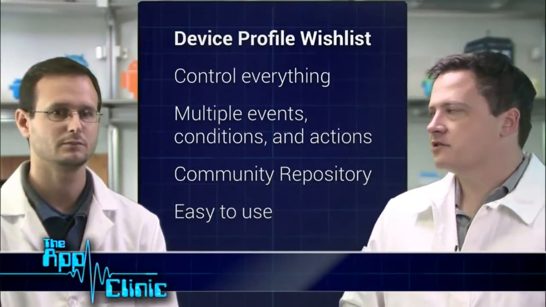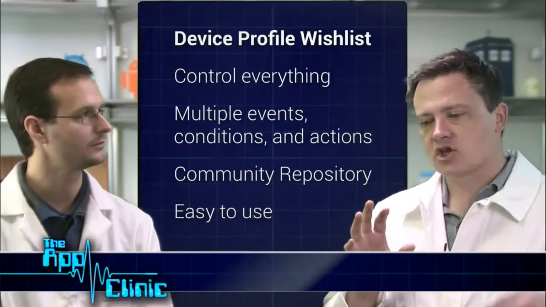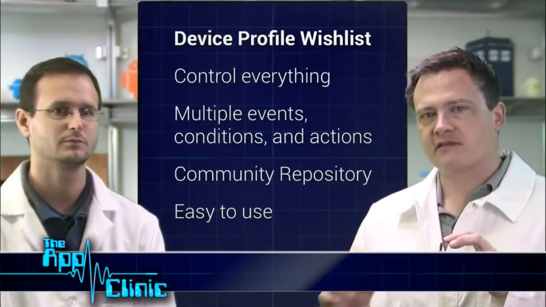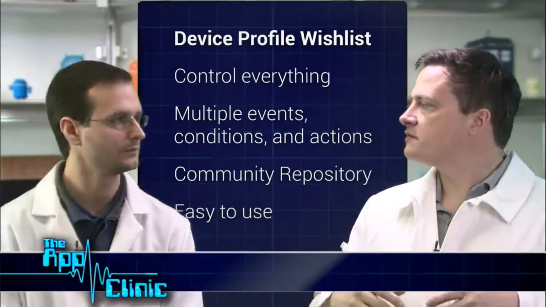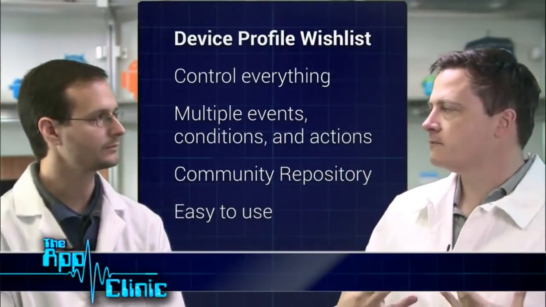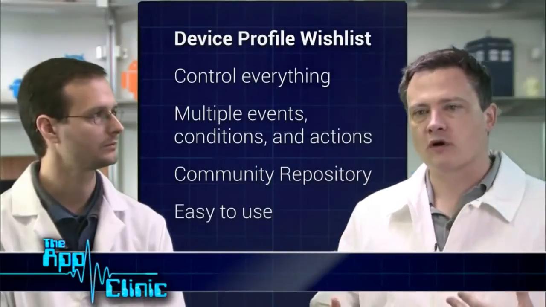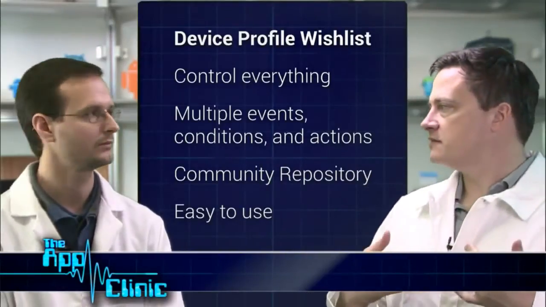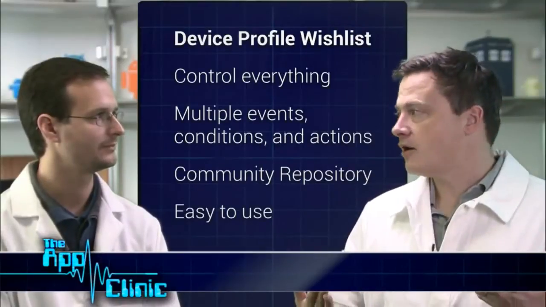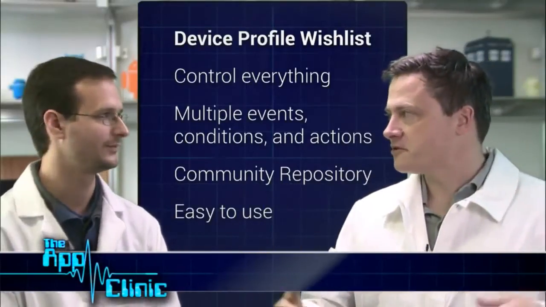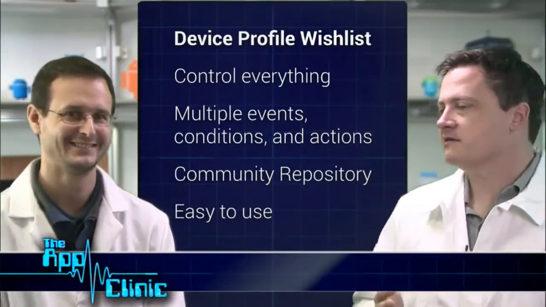I also want to make sure that it can combine multiple events and multiple actions with multiple conditions, because unless it's got machine learning along the lines of Google Now, only next year's version of Google Now, it probably doesn't know that I'm at work.